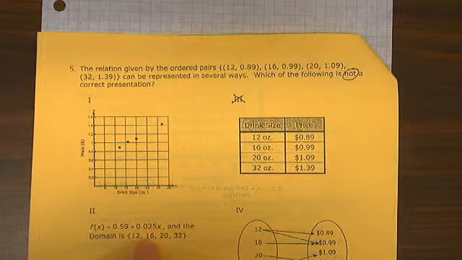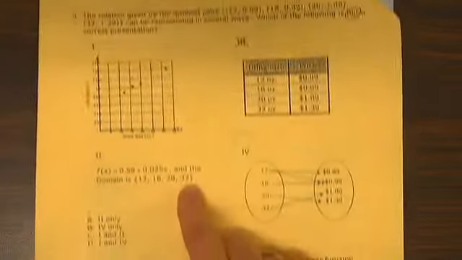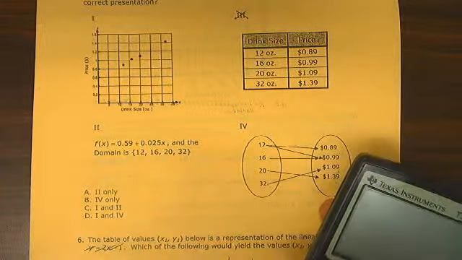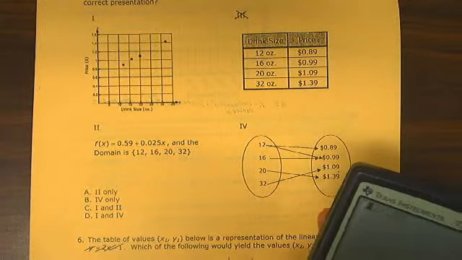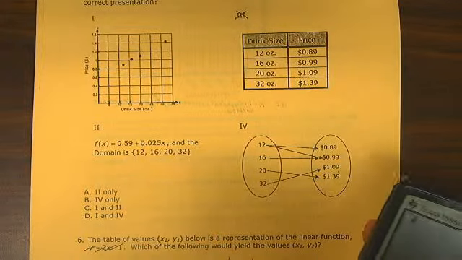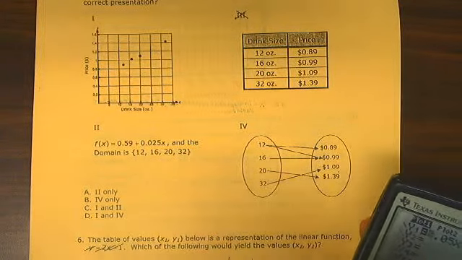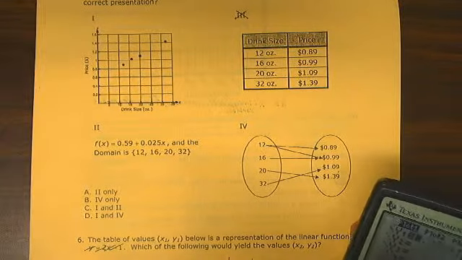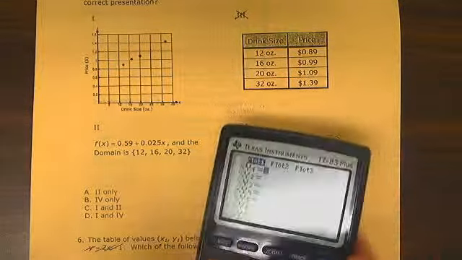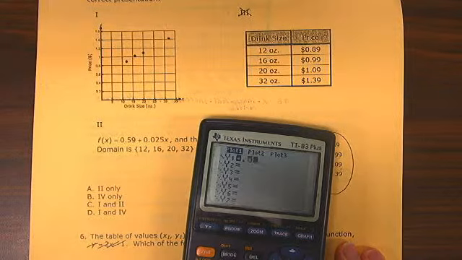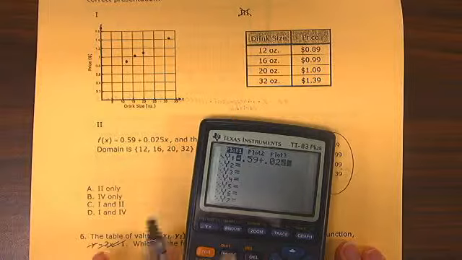The domain 12, 16, 20, 32, I can check my calculator. .59 plus 0.025x.